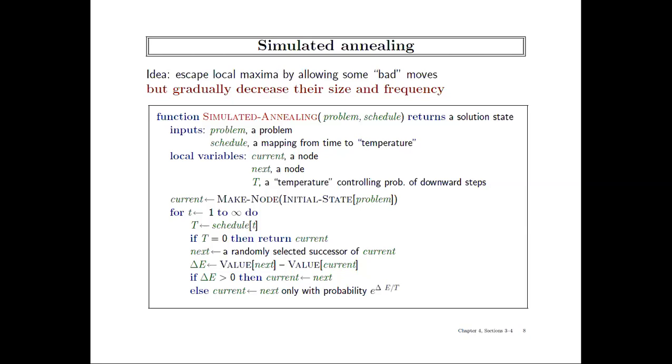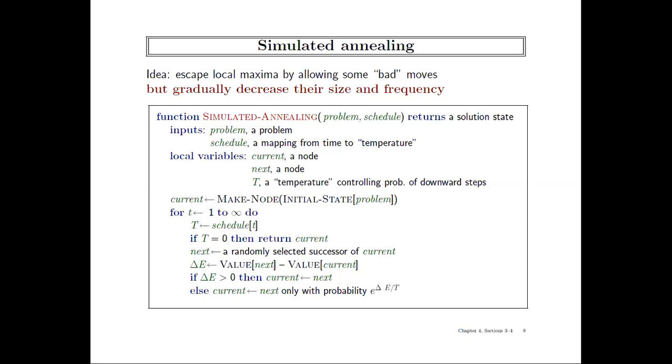So we make a schedule of T, and that schedule of T, I represent it on the top. It's a mapping from time to temperature. So what is the next state? Here we also select a randomly selected successor of current. Again, we generate the successors and pick any one of them from the current. Then we calculate the delta.